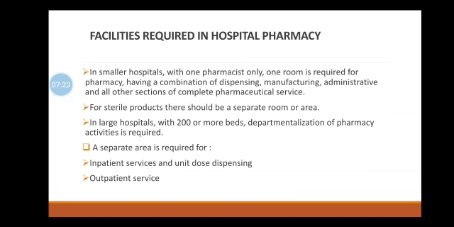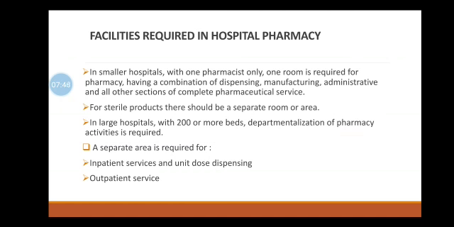Now, facilities required in a hospital pharmacy. In a smaller hospital with one pharmacist, only one room is required for the pharmacy, having a combination of dispensing, manufacturing, administrative, and all other sections of complete pharmaceutical service.